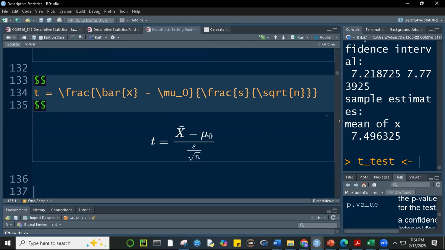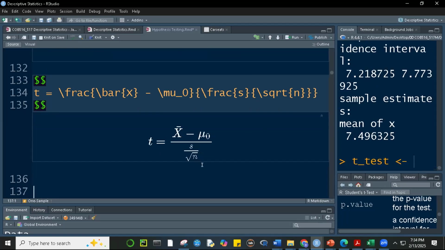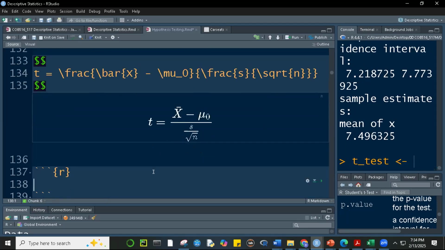Okay, so we're going to use this. Maybe let's just Control Alt I. Okay, sorry class. Let's just compute it here.